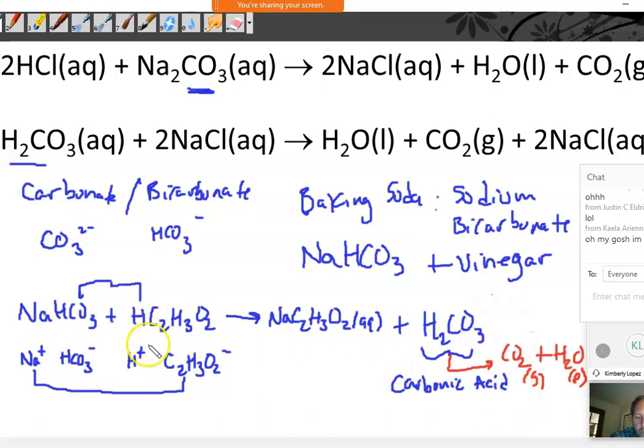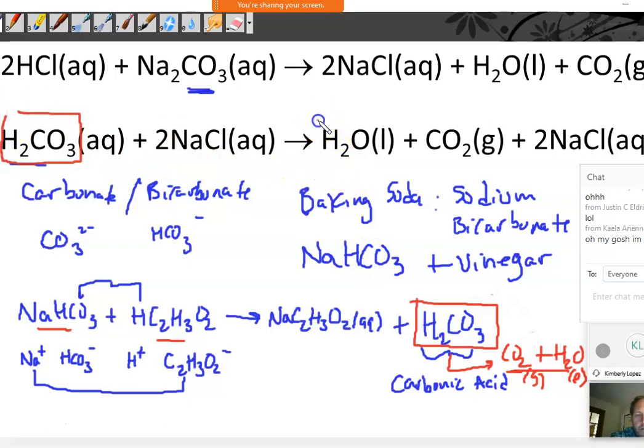So when I took the vinegar and added it to the baking soda, all that gas, all the fizzing, is the CO2, because what we're forming is carbonic acid, which then immediately breaks down into CO2 and water. All right, and you can kind of see it up here. You see how they have the H2CO3?